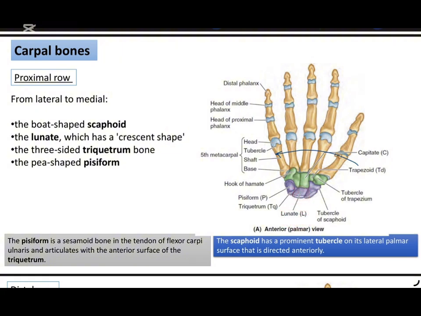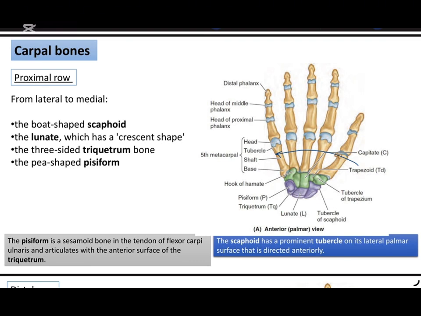And then I have triquetrum. On top of triquetrum, I find the 4th bone, which is the pisiform. So I have 4 carpal bones at the proximal row. They are starting from lateral to medial. I have scaphoid, lunate, triquetrum. On top of it, I have the pisiform.